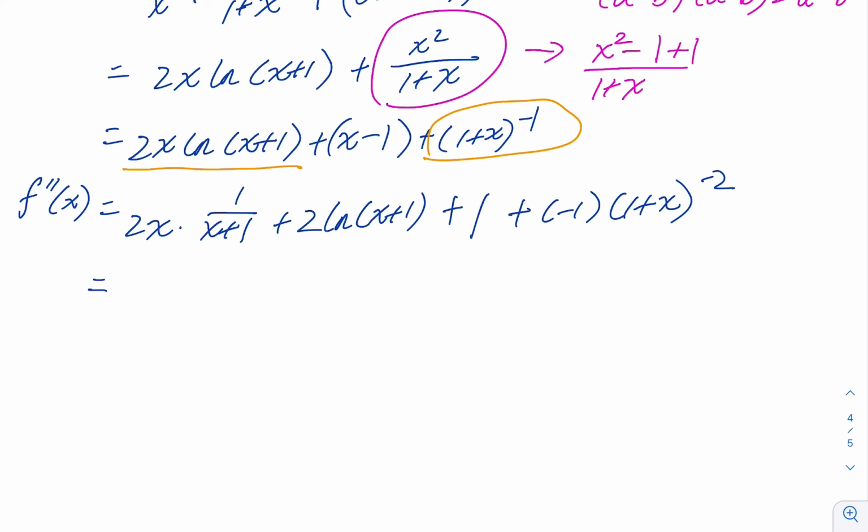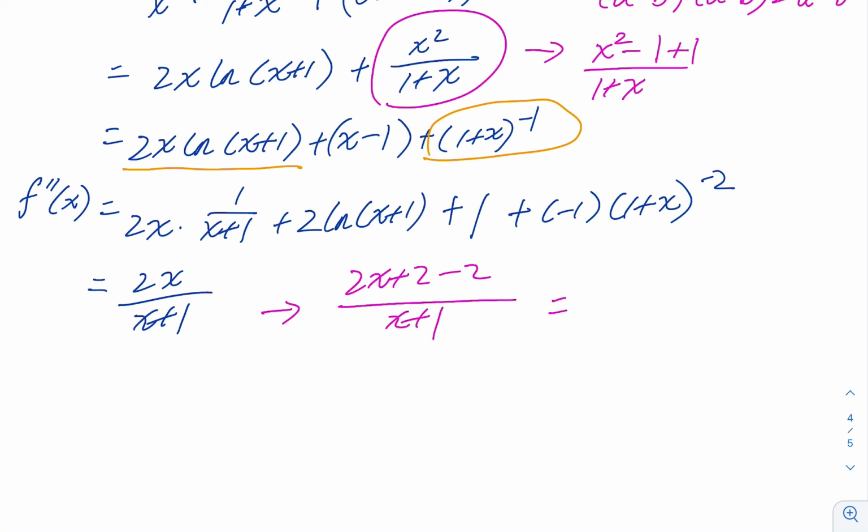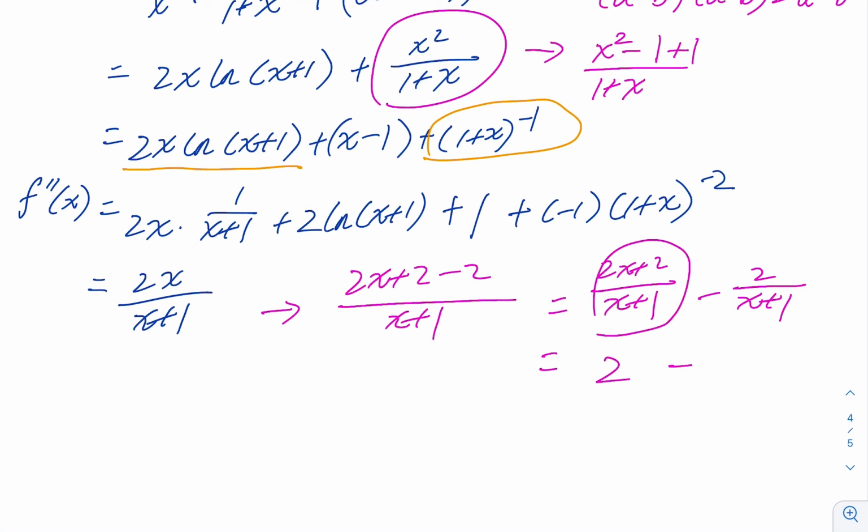So, what I'm going to do here is, this is 2x over x plus 1. If I change this into 2x plus 2 minus 2, this will equal 2x plus 2 over x plus 1 minus 2 over that. You can see this will become 2, and this will become 2.